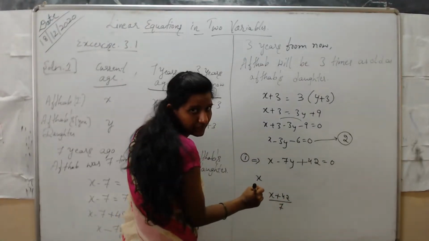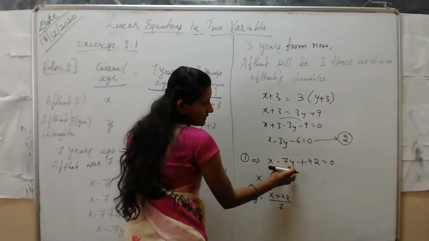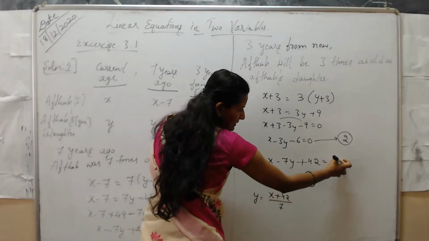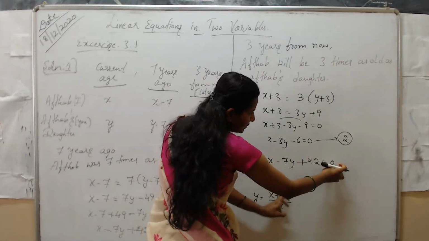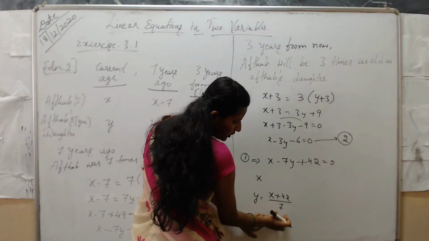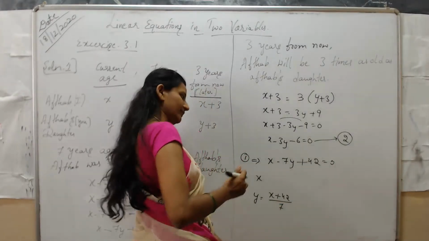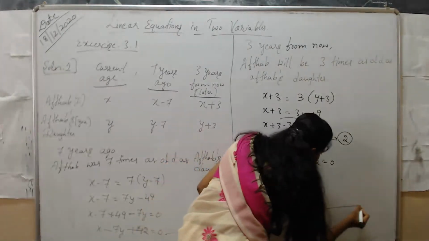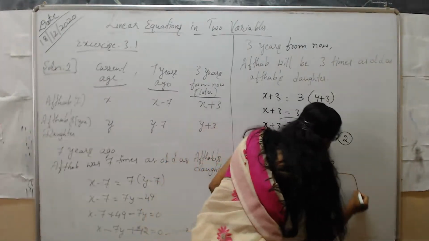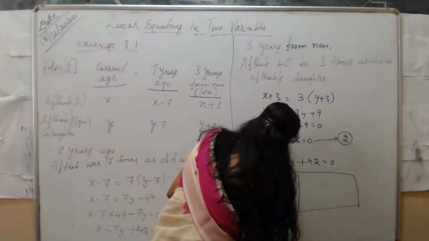Do you know how to write this? We have to solve this. Take this 7y to the right hand side, so the remaining is x plus 42. 7 goes to the denominator, giving 7. Put whatever values you want, you can take.